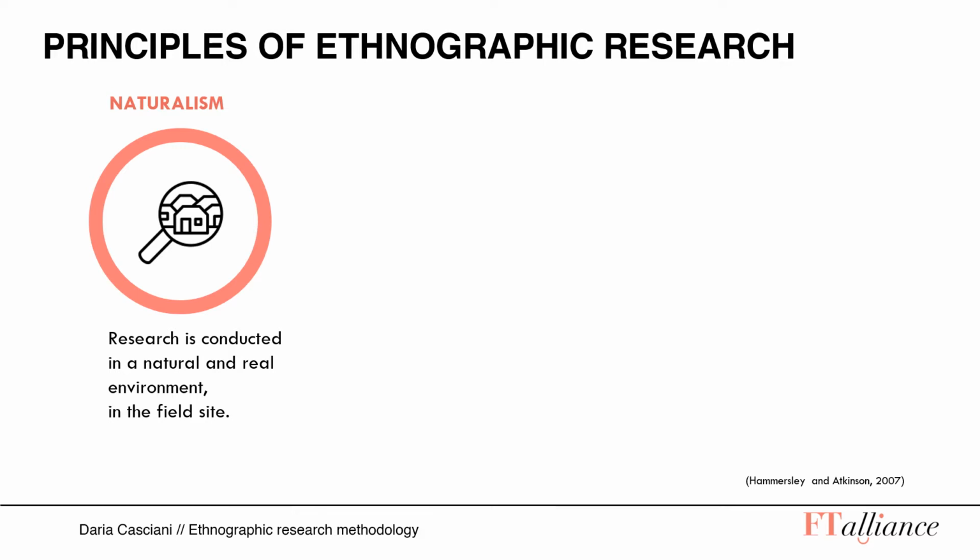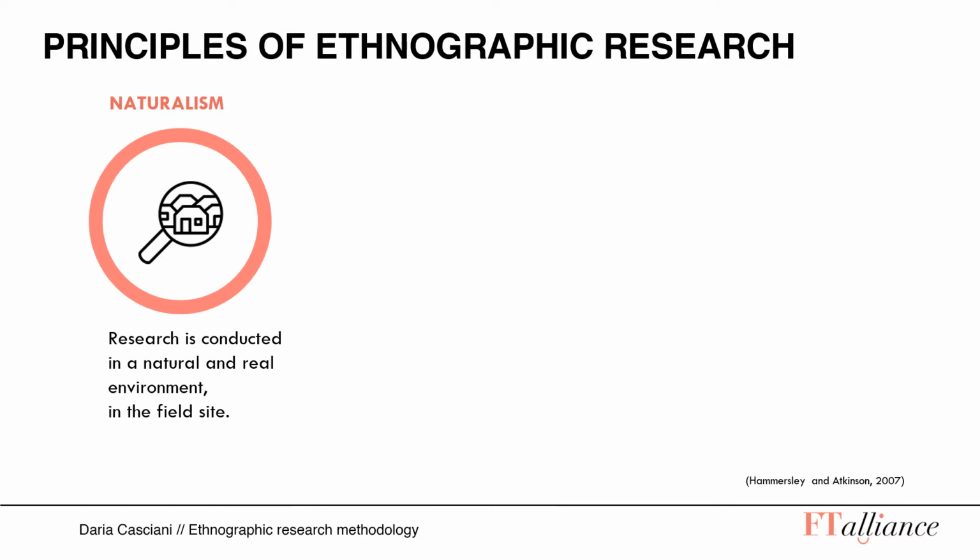And so this is the reason that ethnographers carry out their research in natural settings. These are settings that exist independently of the research process, rather than those set up specifically for the purposes of research. So people are studied in their everyday life, rather than under conditions created by the researcher.